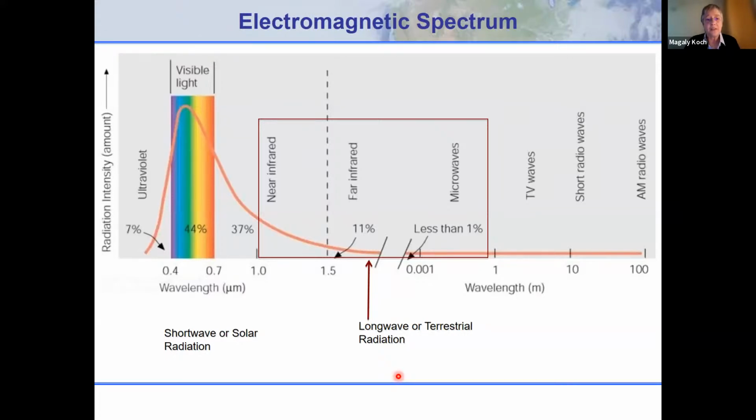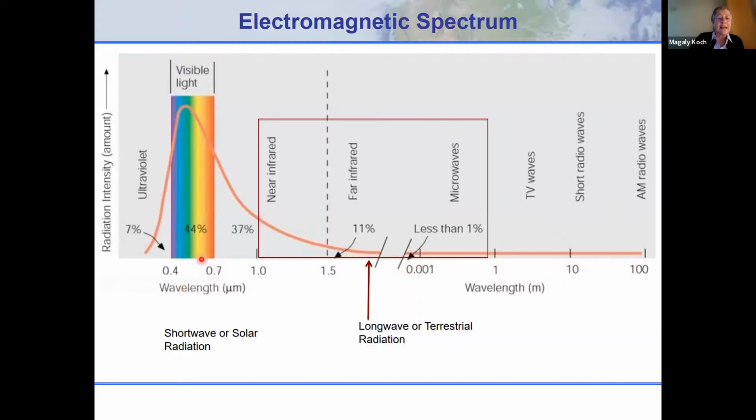The passive optical sensors use an external radiation source, which is the sun, and it's shown here with this curve: the intensity of radiation coming from the sun and arriving more or less on the Earth's surface.